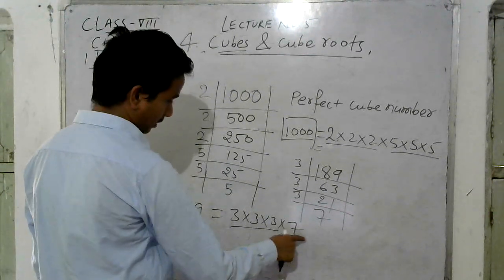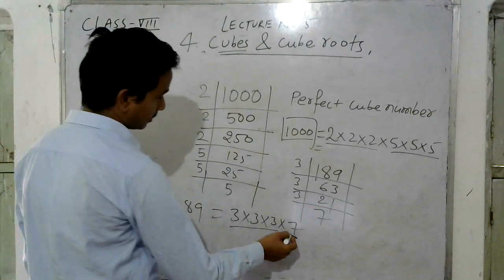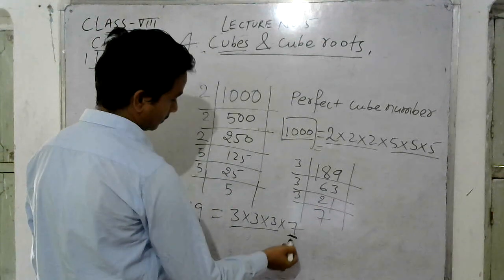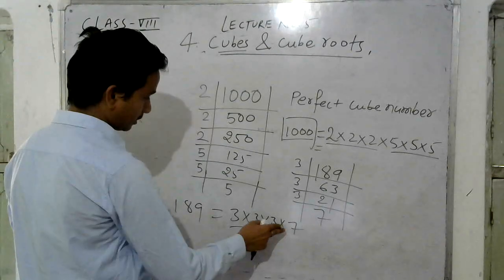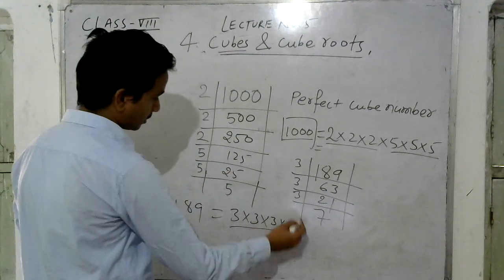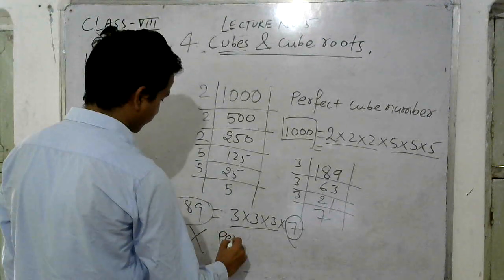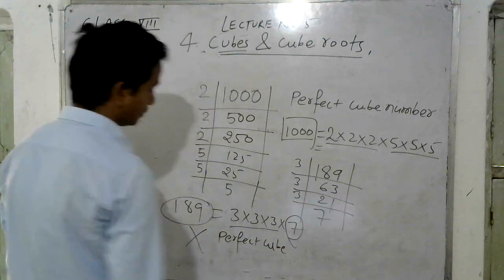We need three 7s, but since 7 is not forming a triplet of equal factors, there is only one 7 here. For a perfect cube there should be three 7s. So that is why this number is not a perfect cube number.